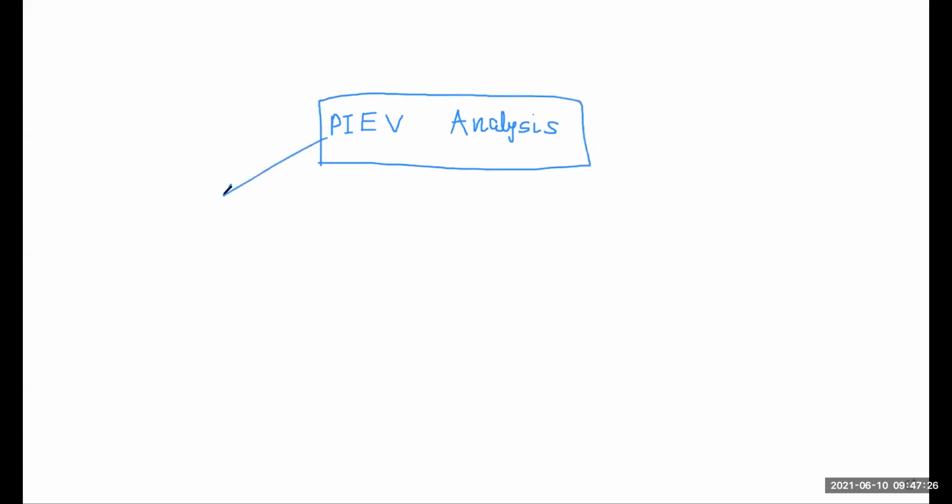If this analysis is given anywhere, you should understand that we have to analyze the total reaction time of the driver and all the times involved in it. So PV analysis means we analyze perception time, intellection time, emotion time, and volition time.